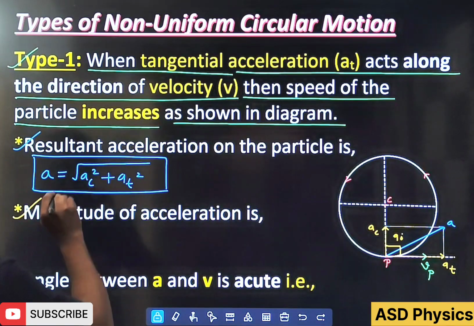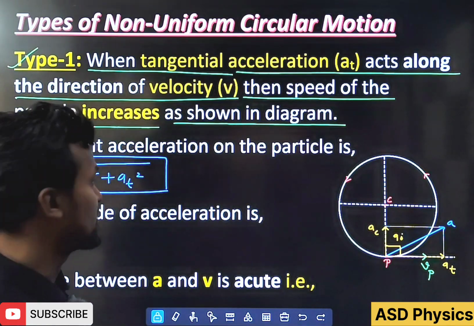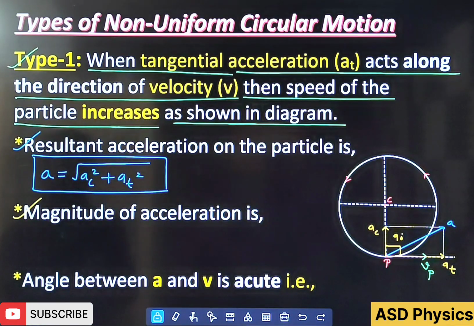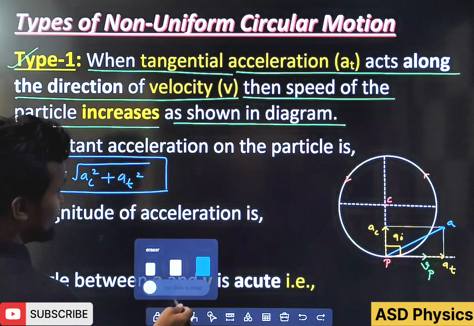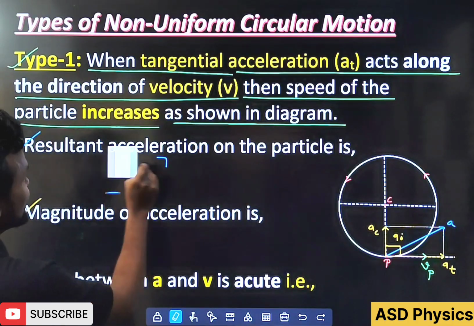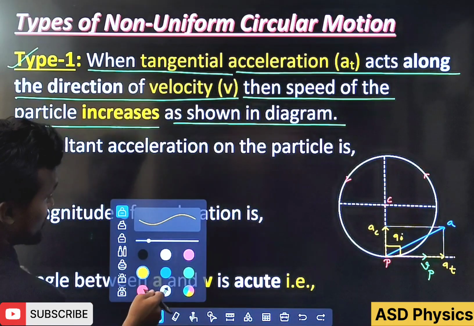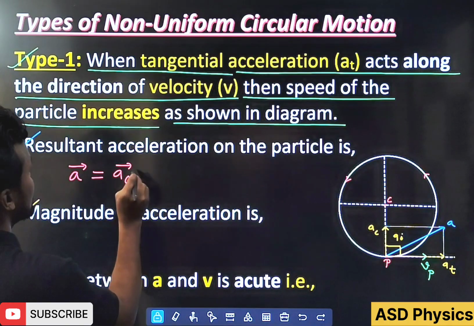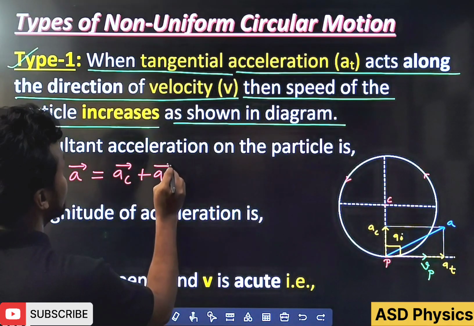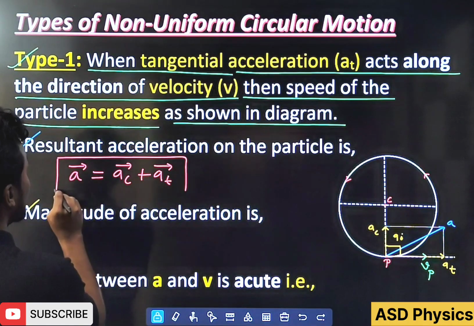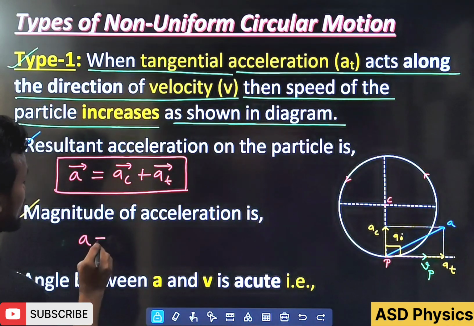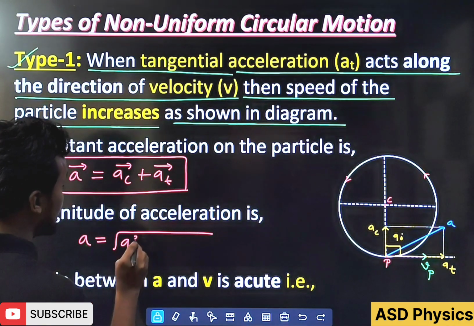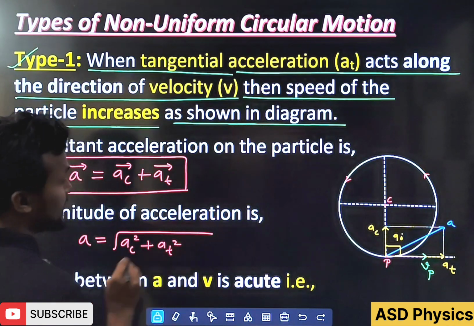Next, let's see the magnitude of acceleration. Since acceleration is a vector quantity, the resultant acceleration I can write first as AC plus AT in vector form. After that, the magnitude of the acceleration is root of AC square plus AT square.